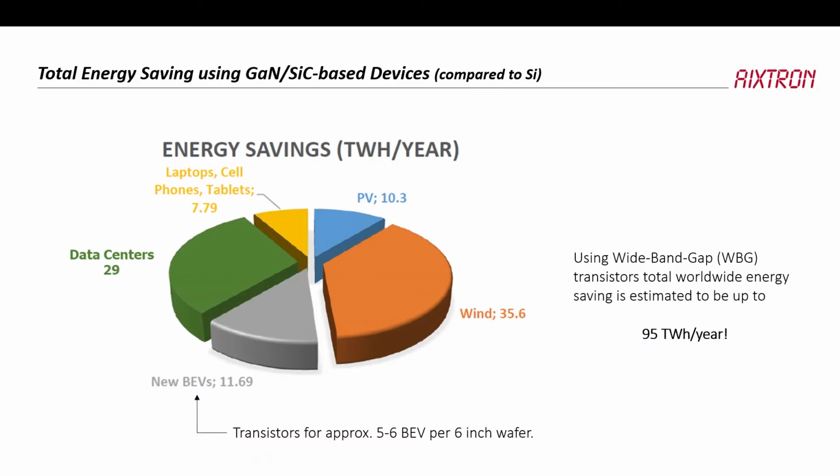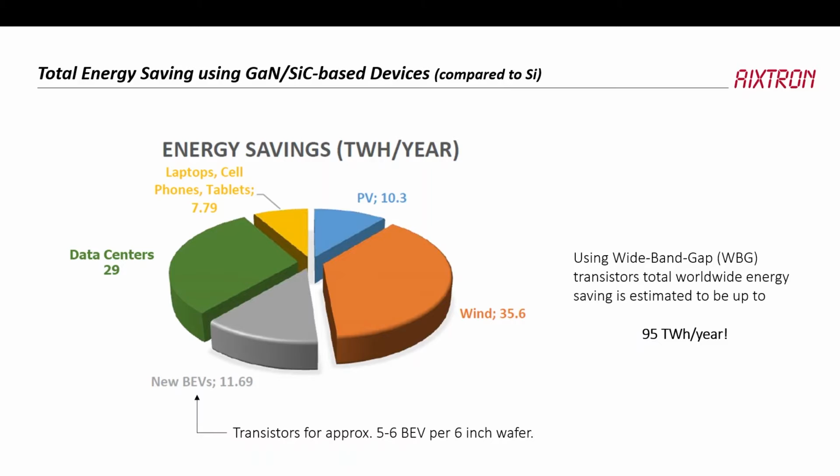So essentially, you kick out all the machinery and all the stuff you have today, you replace it by wide bandgap 100%. You actually save 95 terawatt hours per year. And I think this number will be growing in the future as well. So this actually shows you the potential. And I've got this from our marketing.